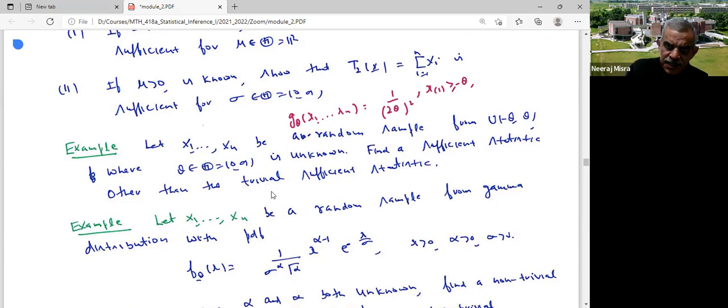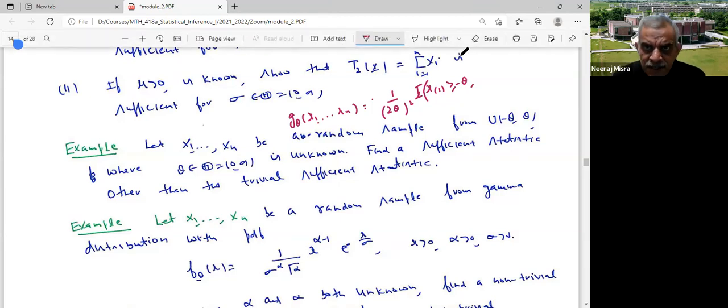So I can write this in terms of an indicator, because this density holds only when each xi lies between minus theta and theta. Let me just write it down.